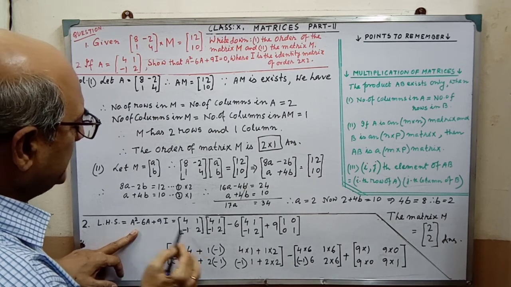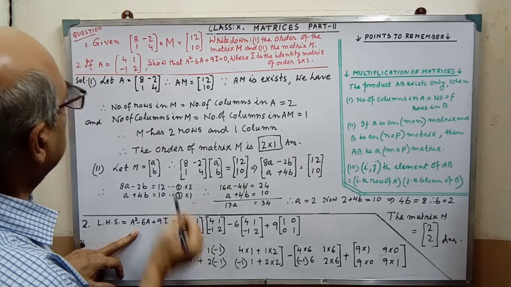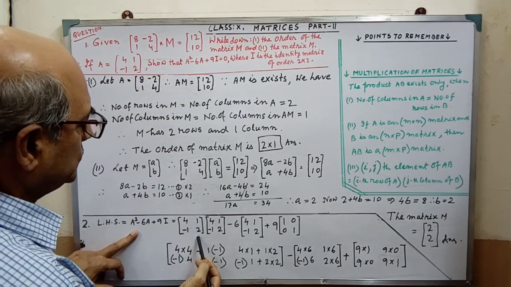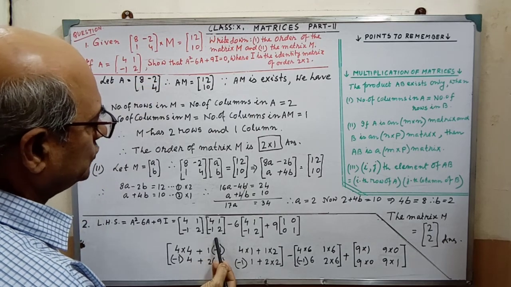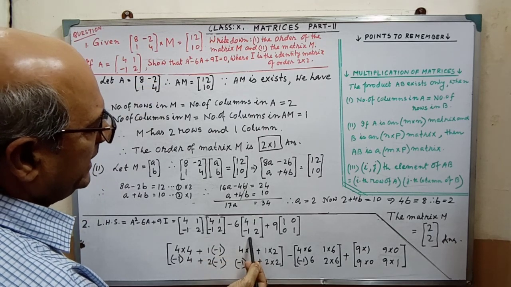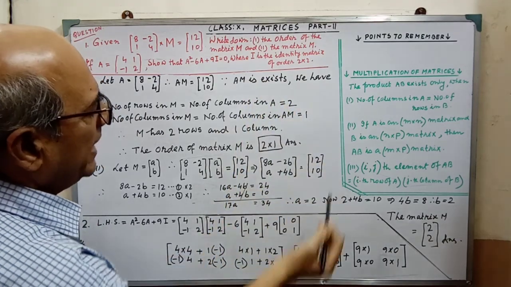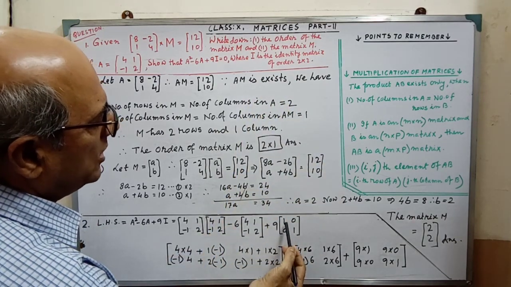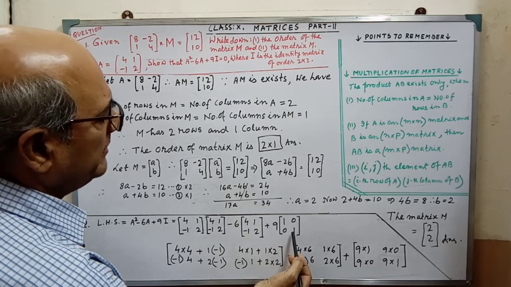After writing LHS, then we have to put the value of A, that is given 4, minus 1, 1, 2, into, here is A square, so into this, then minus 6A and plus 9 times the identity matrix. The identity matrix is known to you very well, 1 0 0 1.